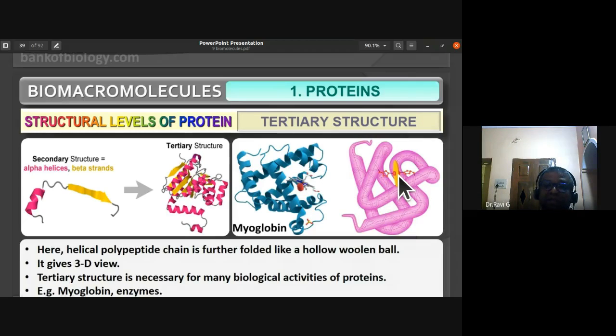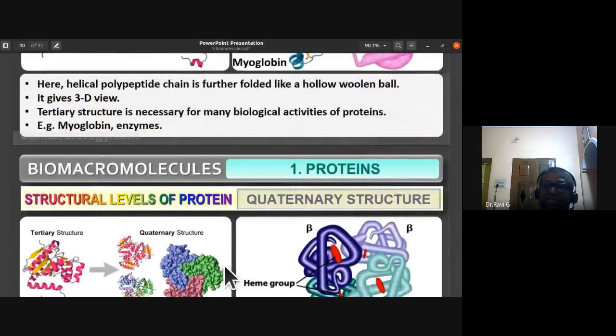It gives a three-dimensional view. Tertiary structure is necessary for many biological activities of proteins. Examples for tertiary structure are myoglobin and enzymes.